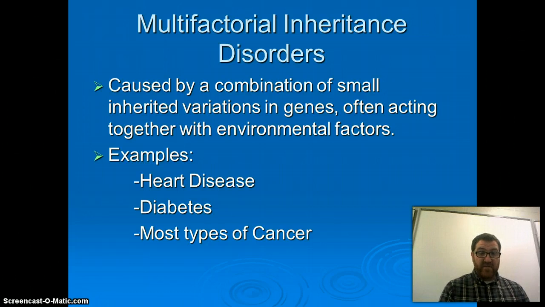Again, if you're interested or have any questions about the multifactorial inheritance disorders, please feel free to let me know. We'll be exploring these more, or give you the opportunity to explore them more in our extension menu.